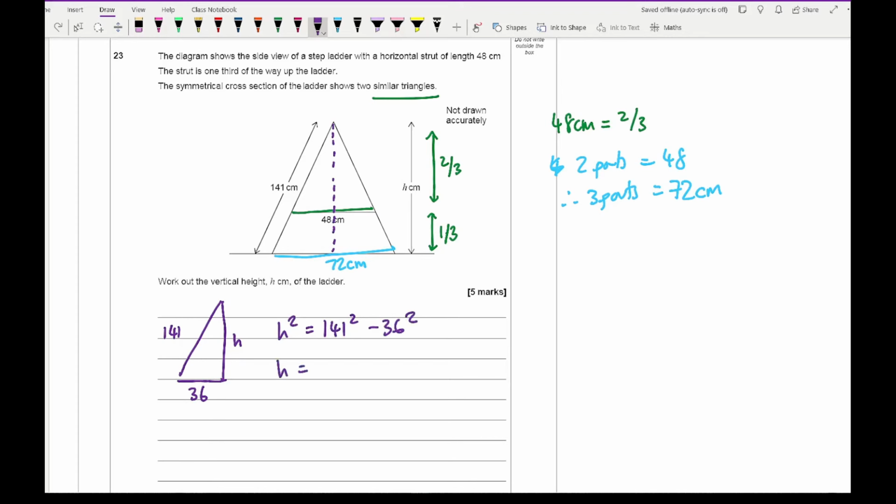H equals the square root of 141 squared minus 36 squared. And I should get an h value of 136.3585, so h equals 136 centimeters, and that's to 1 decimal place.